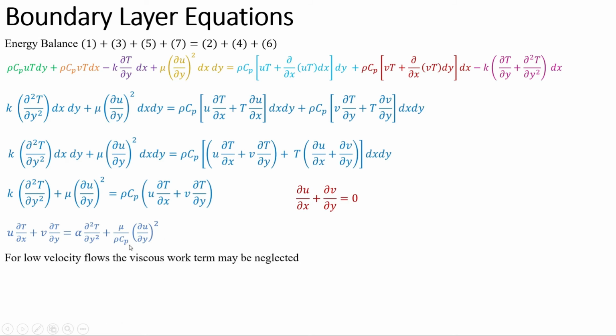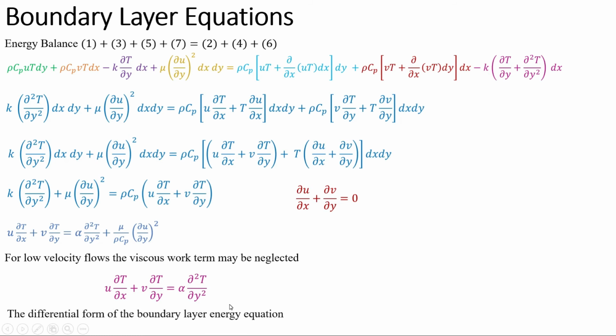If there is negligible viscous work, then the last term, which my cursor is showing, will be eliminated, and we have the simplified equation: u ∂T/∂x plus v ∂T/∂y is equal to alpha ∂²T/∂y². This simplified equation is known as the differential form of the boundary layer energy equation.